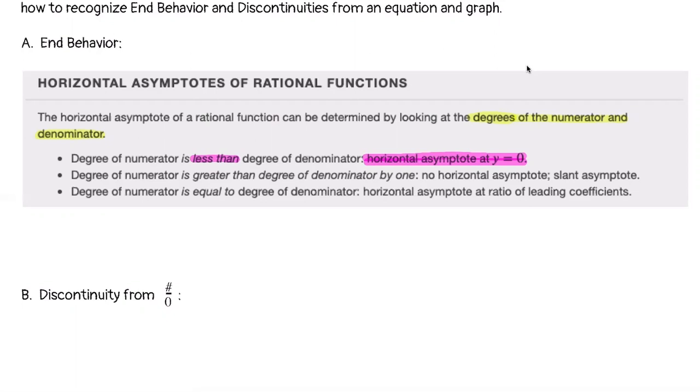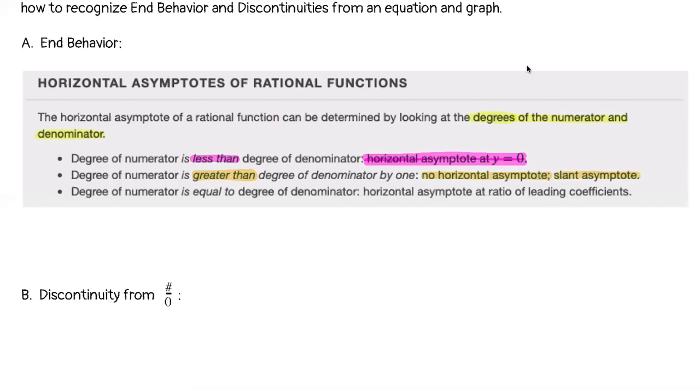A second case is that the degree of the numerator is bigger than the degree of the denominator. So the top overpowers the bottom. In that case, there is no horizontal asymptote, and there's actually something called a slant asymptote. I'm not going to have us worry so much about the slant asymptote.